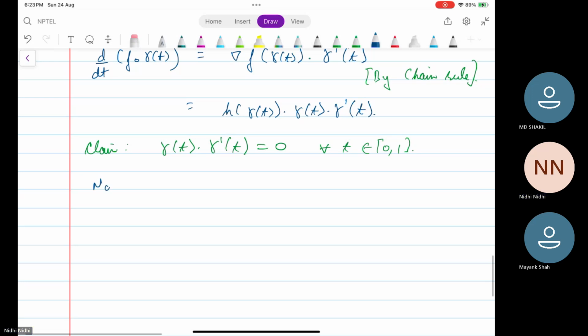Now gamma t dot gamma t, because gamma t is a vector in S_R, so this is a dot product. This is equal to norm gamma t squared. Now can you tell me what will be norm gamma t?